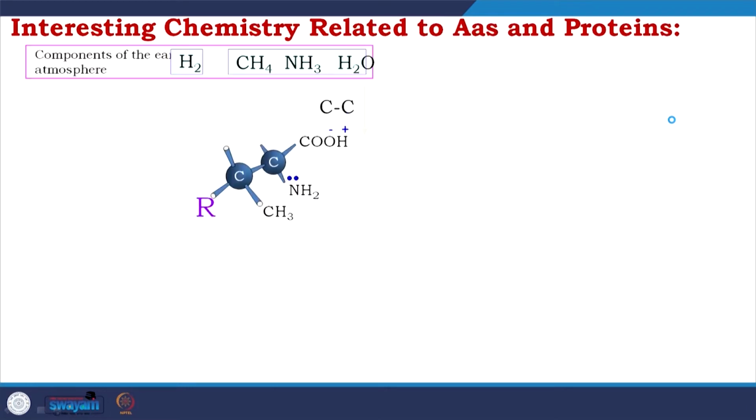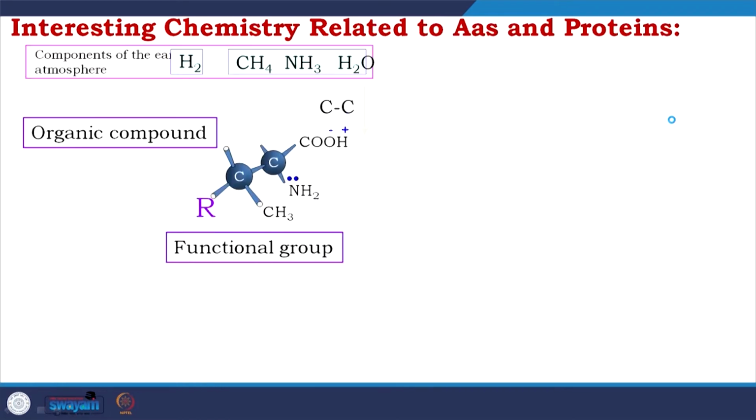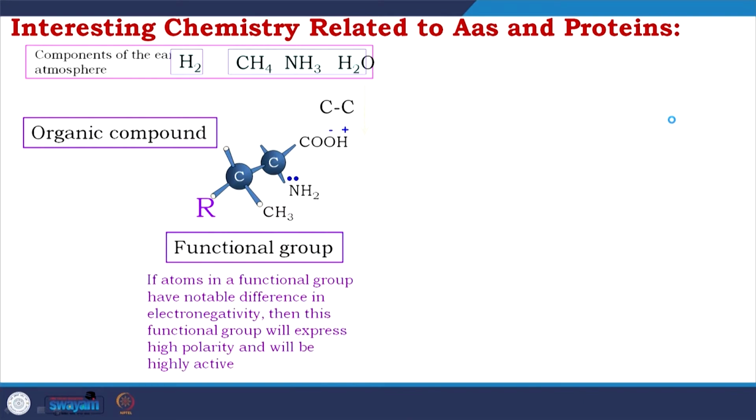So, we talked in the last class about how the presence of those fundamental elements, hydrogen, carbon, nitrogen and oxygen, have developed biology. We showed you the functional groups and I talked about two things.